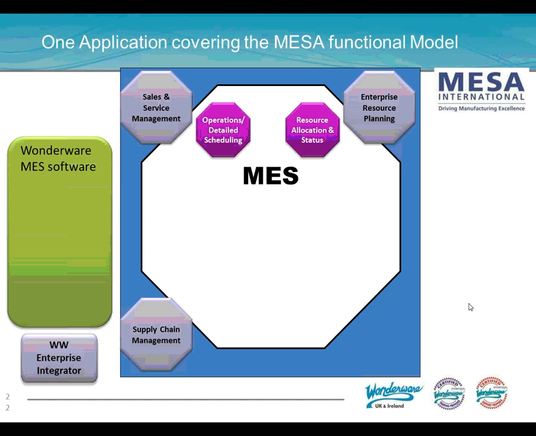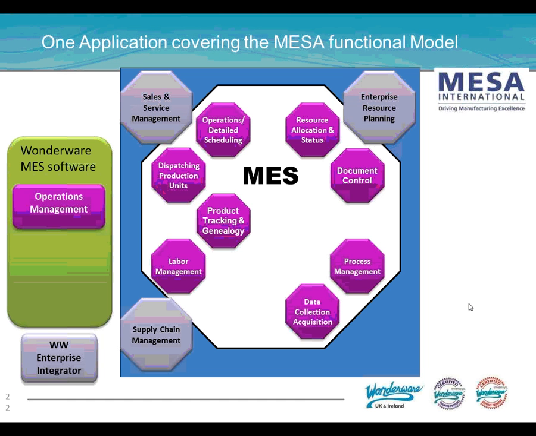If we look at the functional requirements of an MES system as defined by the MES International body, then these are the sorts of functionalities that are required, like track and trace and genealogy, managing your processes, doing data collection, management of labour and so forth. All of these functional points are covered by the Operations Management module of the MES software.